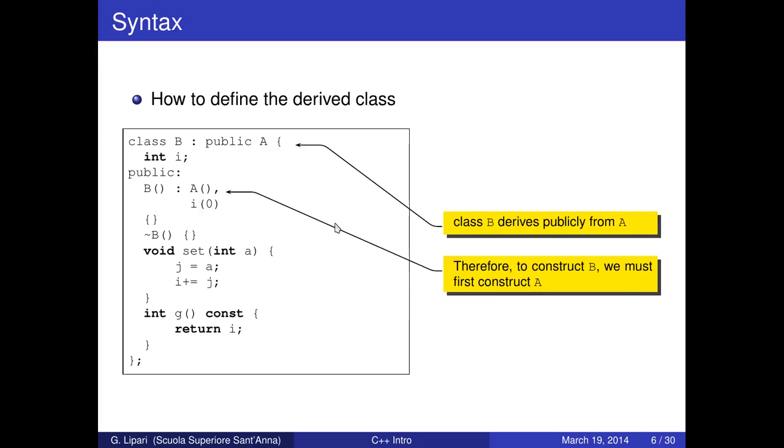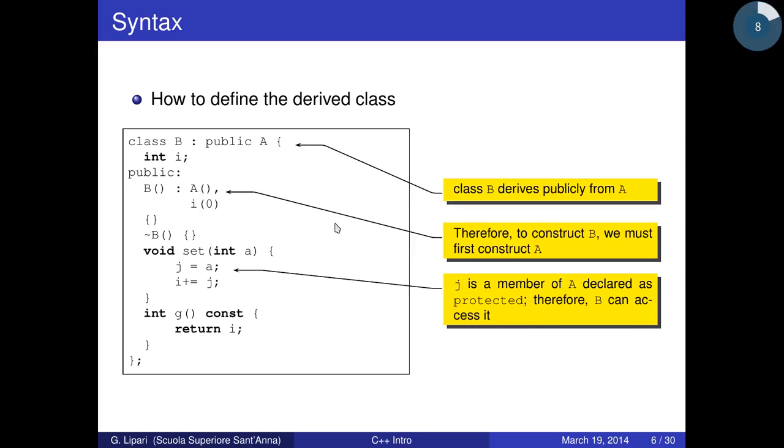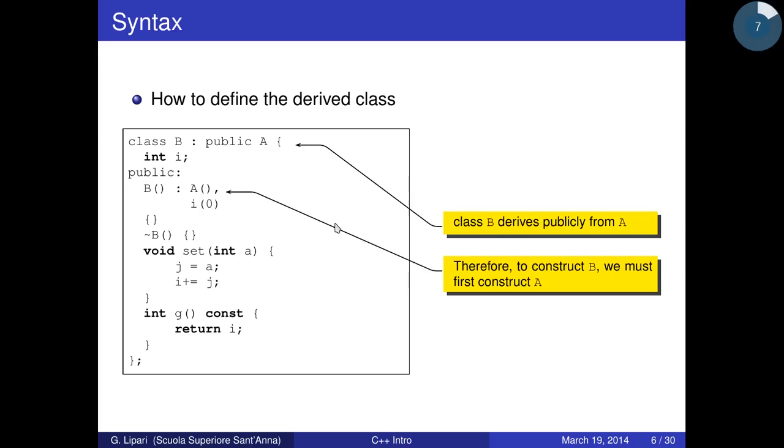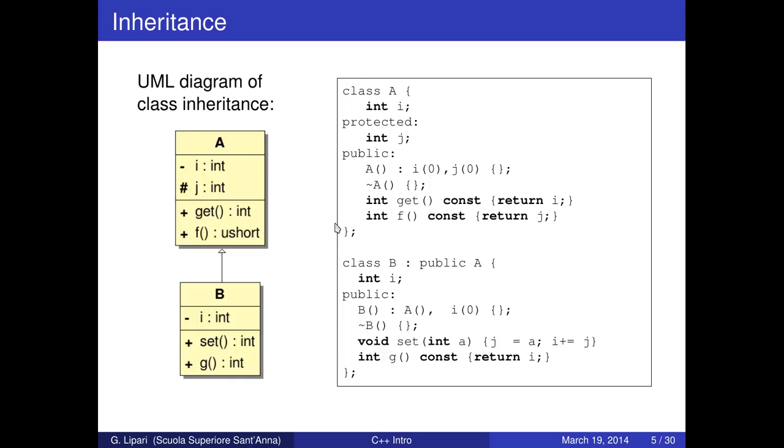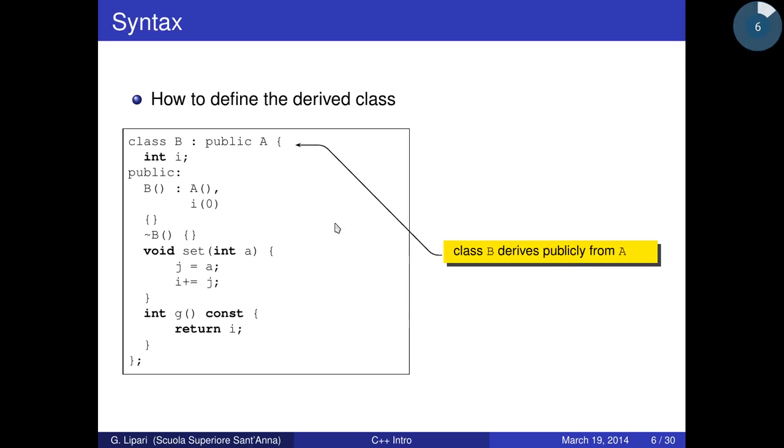Then we define two functions, set and g. Set is going to modify j and I, but you don't see any j in this class. So where is this j coming from? Well, j is coming from class A. In fact, if we go back and look at the declaration of class A, it declares two data members, I and j.